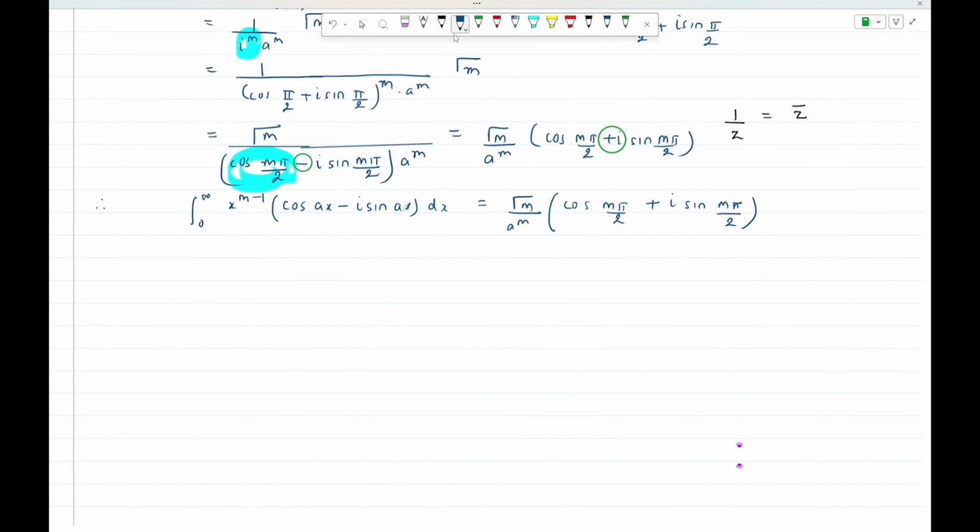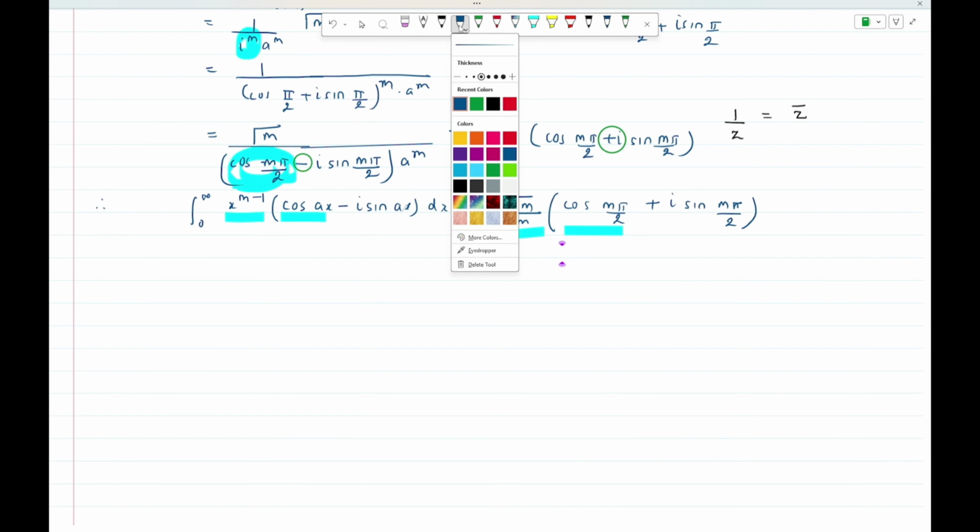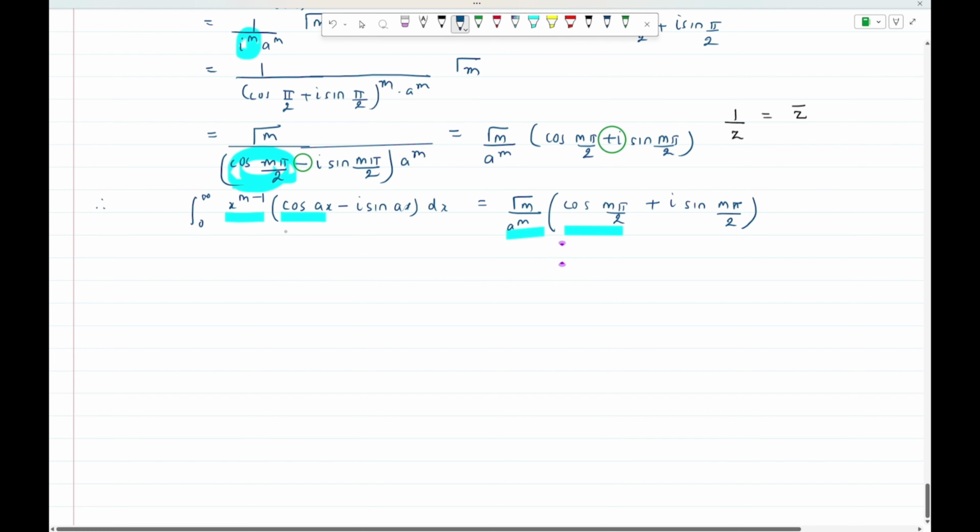And lastly, on the left side we have a complex number. So the real part of this is going to be the integration of x raised to m minus 1 cos of ax, and on the right side the real part is going to be this ratio times cos of m pi by 2. So we'll just simply compare, or use the equality of complex numbers.